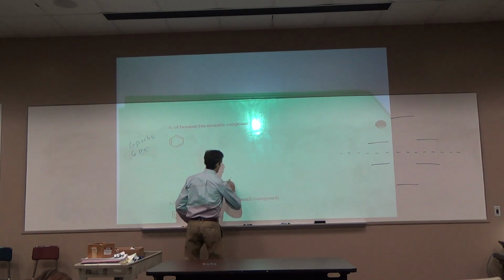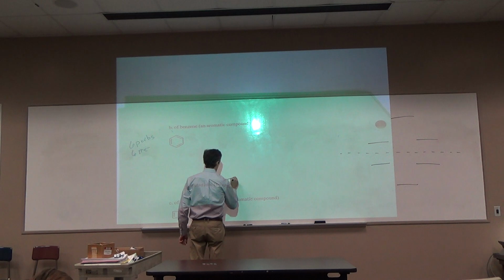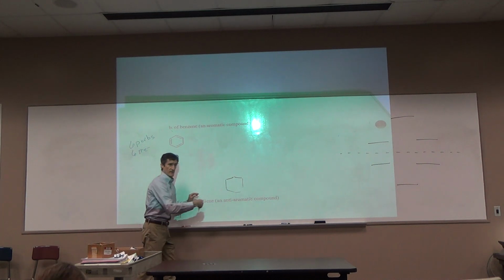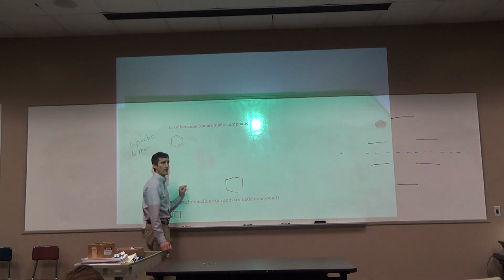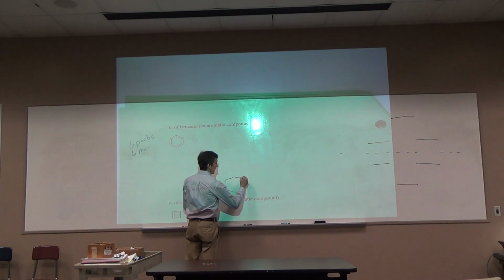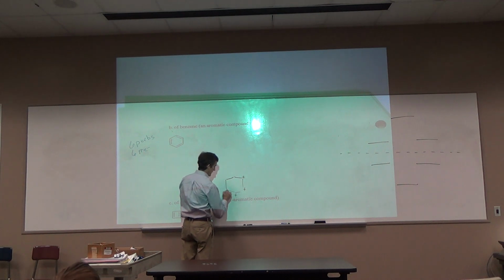I'll try to do the 6 here. Six p orbitals. I'm not going to draw the actual orbitals. What's the best way for these 6 to interact? Same phase, all 6 having the same phase.